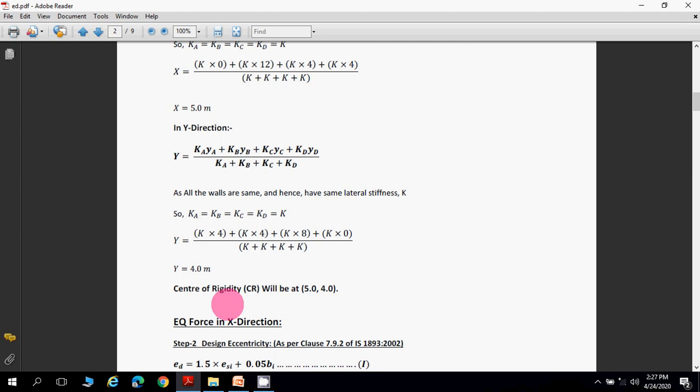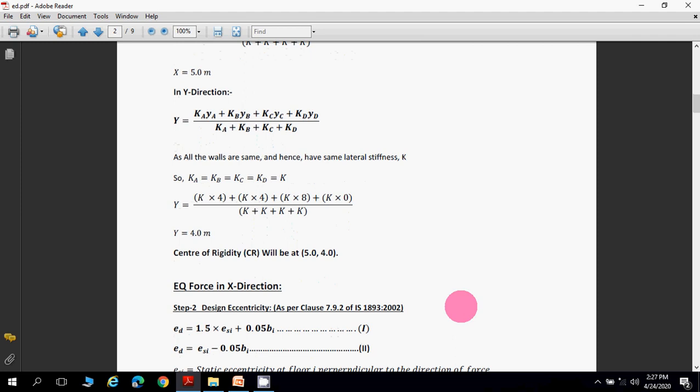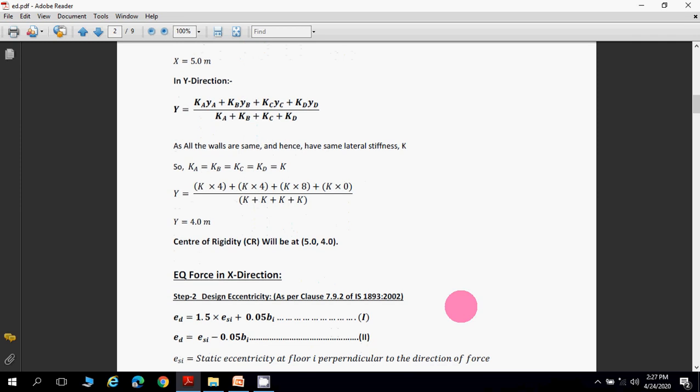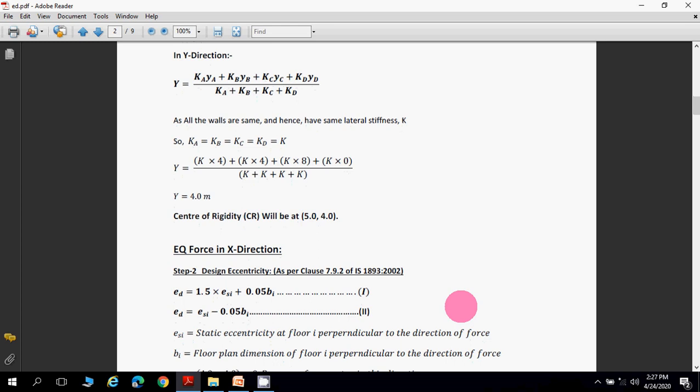Now in the second step, we have to calculate the design eccentricity, which is as per clause 7.9.2 of IS 1893:2002. Because the seismic force is given in both the x direction and the y direction, we have to calculate the earthquake force in both directions. First we are calculating the earthquake force in the x direction, so design eccentricity is calculated for the x direction.